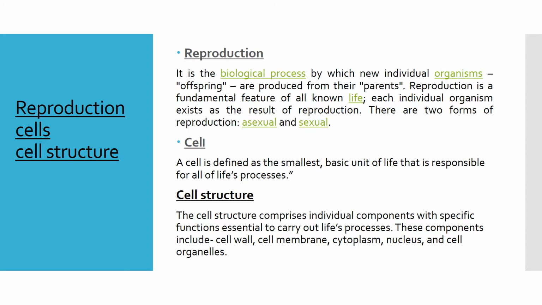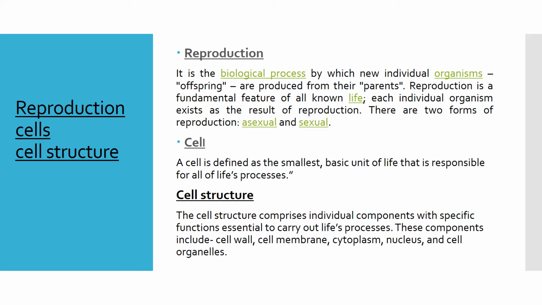Reproduction is the fundamental feature of all known life. Each individual organism exists as the result of reproduction. There are two forms of reproduction, asexual and sexual. Asexual means only one individual is involved, while in sexual reproduction both gametes, male and female, are involved.